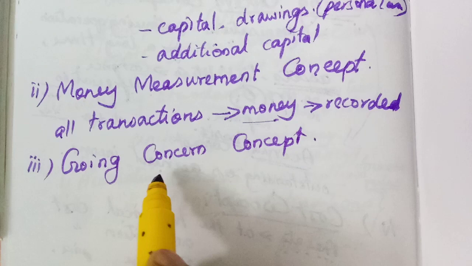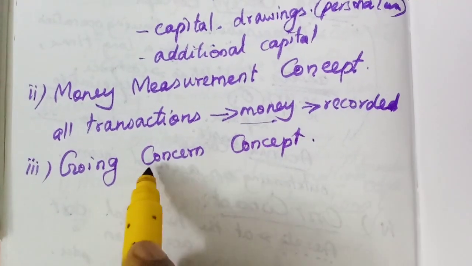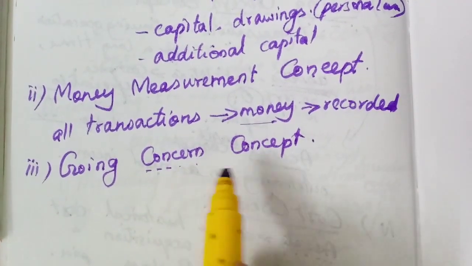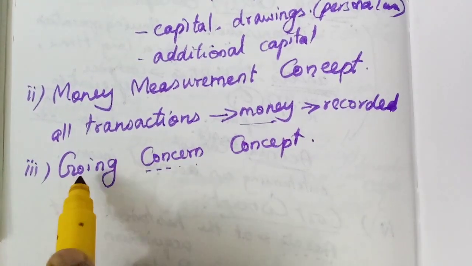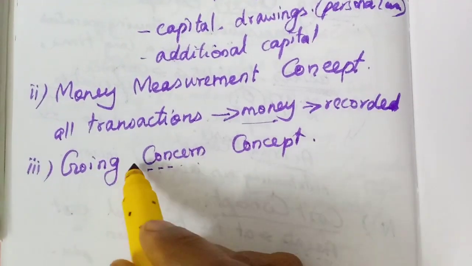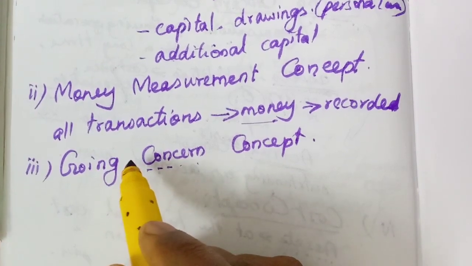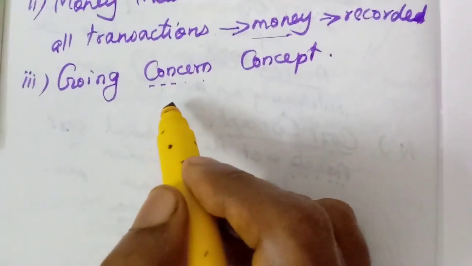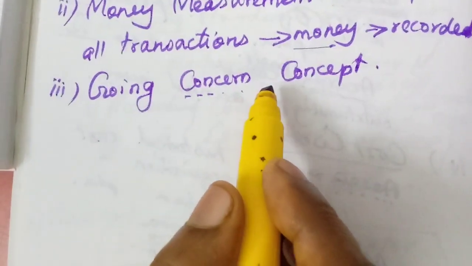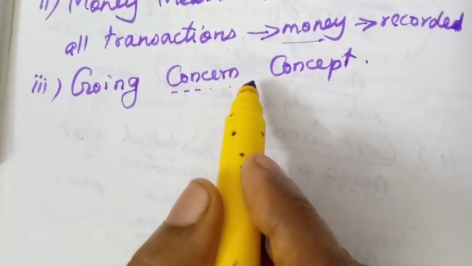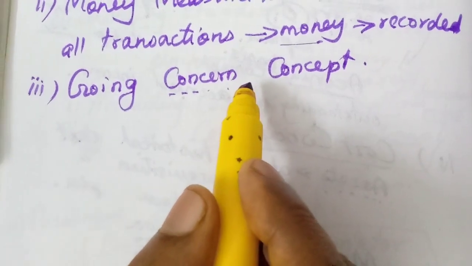Here, as per this concept, the concern or the organization is considered to be running, going on for many years in the foreseeable future. As per this concept only, they enter all the transactions.